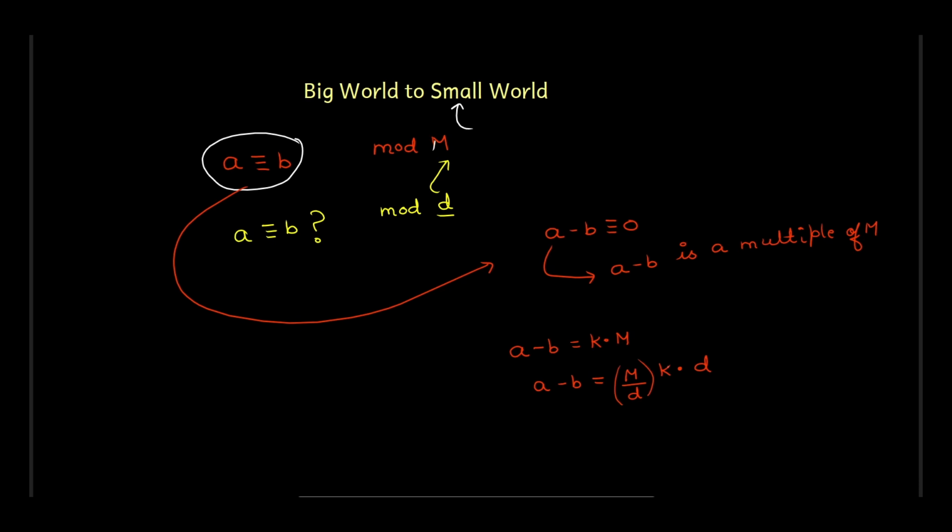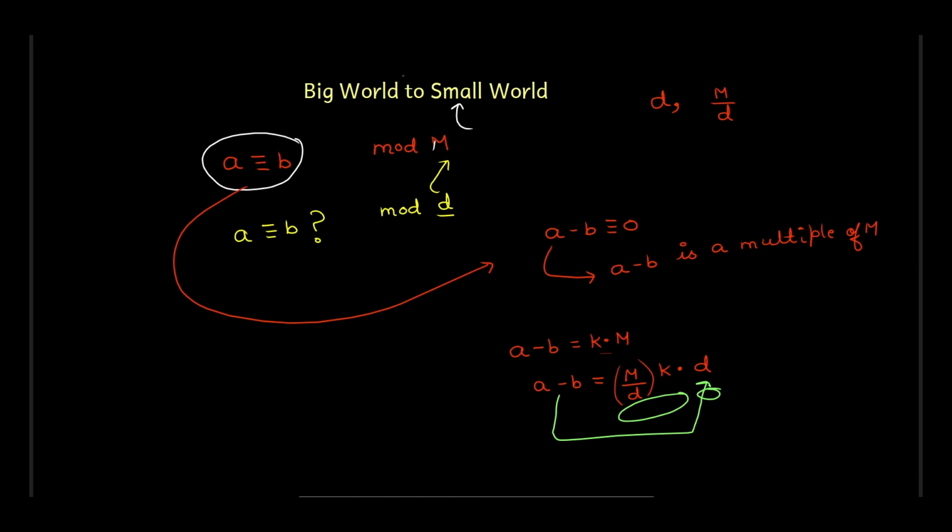Now you see that these two are practically the same because their value turns out to be k into m, and we can actually do this division because divisors exist in pairs. If d is a divisor, m by d is also an integer and also a divisor. This means that a minus b also follows that same pattern where it has some number into that divisor. It means that a minus b is actually a multiple of the divisor as well.